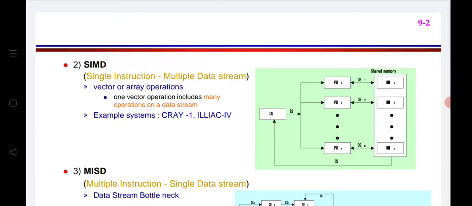Another subunit of memory will be accessed by another program unit. So on, you are going to have multiple program units and multiple shared memories. So this is nothing but a single instruction stream. I am going to have a single instruction stream, whereas I am going to have multiple data streams which are connected to different program units.